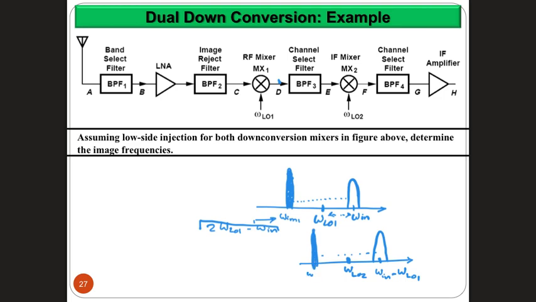So it should be at W_image2, which is given by the expression 2W_LO2 minus (W_IN minus W_LO1), right? That's it. So we figured out the locations of the two images, the first image and the second image.